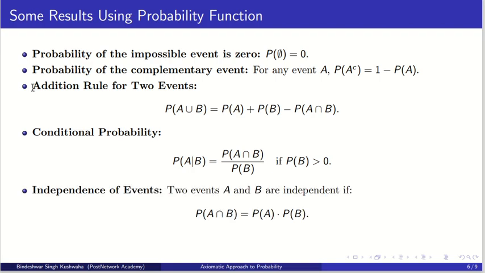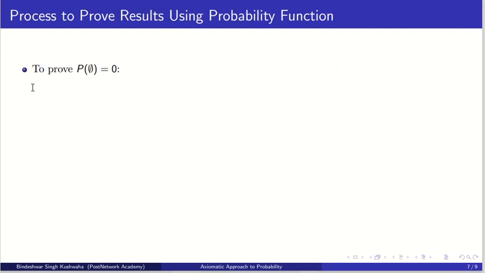Now, independence of events. Two events A and B are independent if P(A intersection B) is equal to P(A) into P(B). We will also do some numericals, and many questions we will understand later. Now let us prove P(phi) is 0.